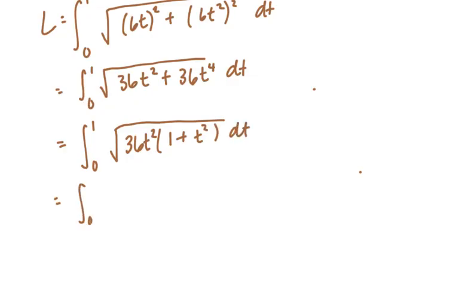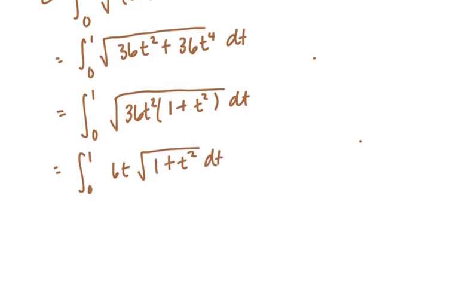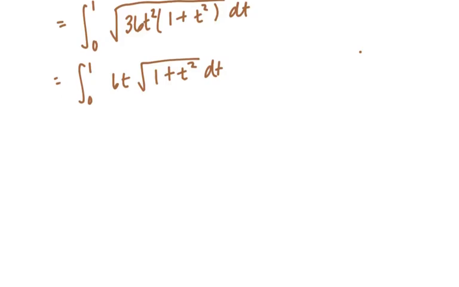Now, because you have two separate factors being multiplied here, you can take the square root of the first and get 6t. We have 6t times the square root of 1 plus t squared dt. You still can't split that and take the square root, so don't try. But we could use u substitution. Let u equal 1 plus t squared. Then du is 2t dt.